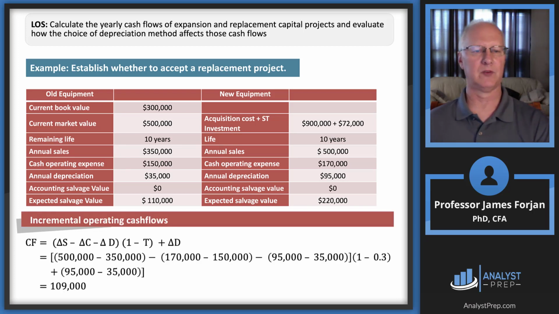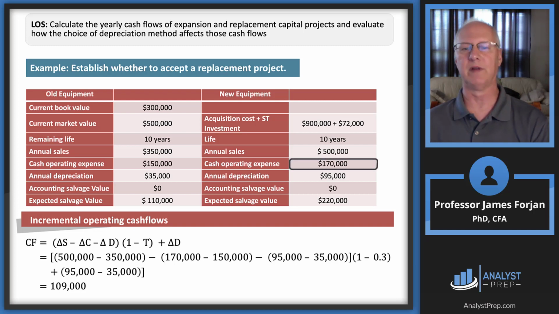Second step then is to estimate the incremental operating cash flows. And so notice the new equipment sales 500, old equipment sales 350. So here's the first part. This new equipment is going to be able to generate a product line that allows us to increase sales. Now, we'll probably have an increase in operating expenses too.